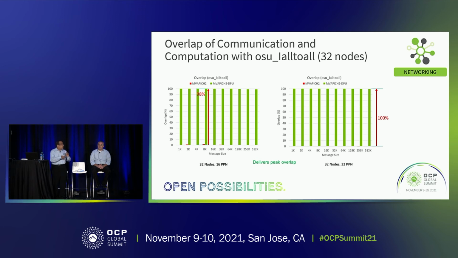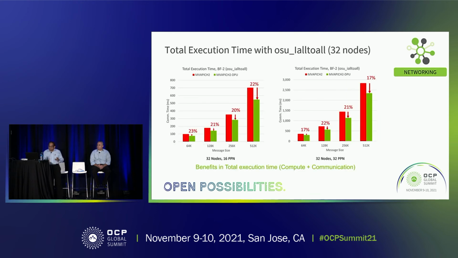If you see the basic MVAPICH2, which is a host-driven design, implementing this OSU AllToAll, see this red bar, very tiny. There is no overlap because the CPU itself is involved in taking care of that communication. But if I offload, just like that executive secretary model, see the overlap suddenly jumps up to like 98%, 100%. We can get the overlap between computation and communication.